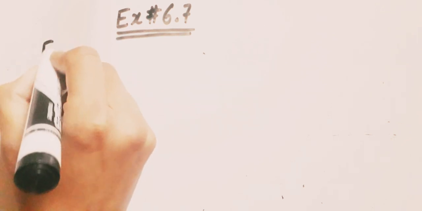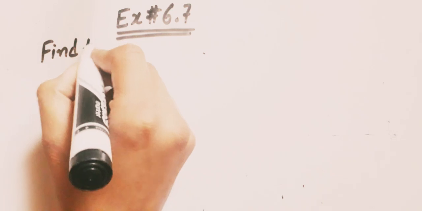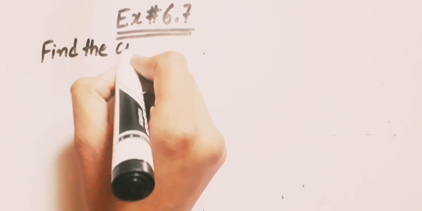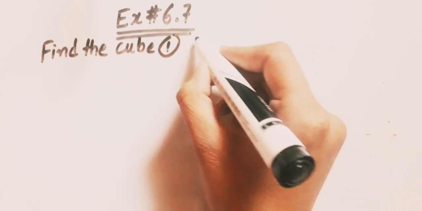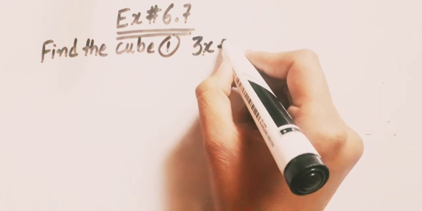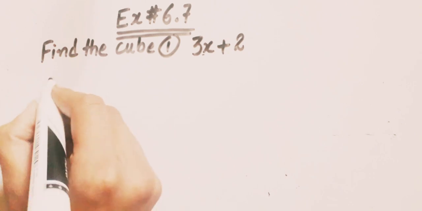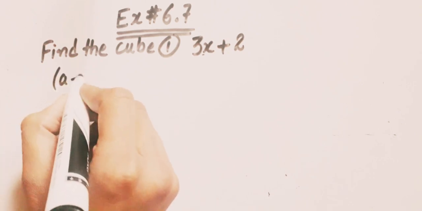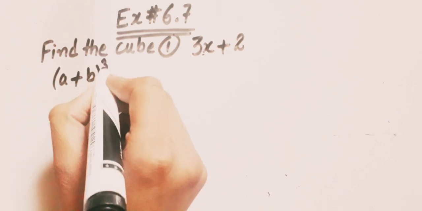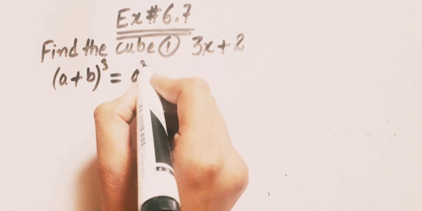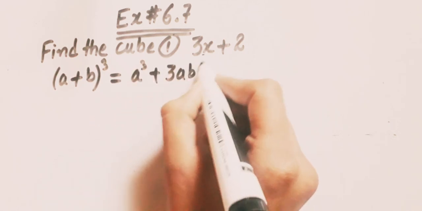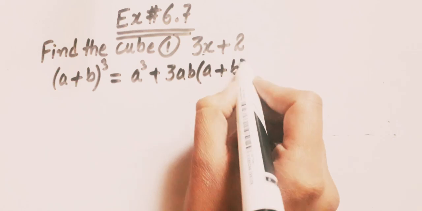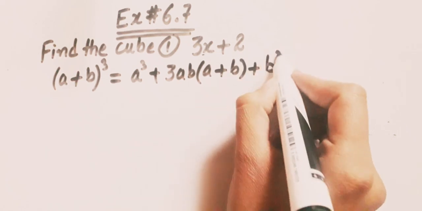Find the cube. Question number 1 is 3x plus 2. So the formula of (a plus b) whole cube is equal to a cube plus 3ab into (a plus b) cube.